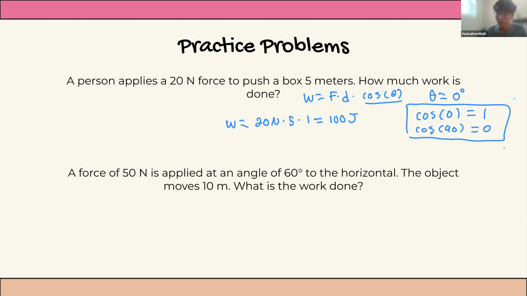Remember, this is the same work formula, just keep in mind. If you have your calculator with you, definitely use your calculator for this, unless you have taken trig in middle or high school.